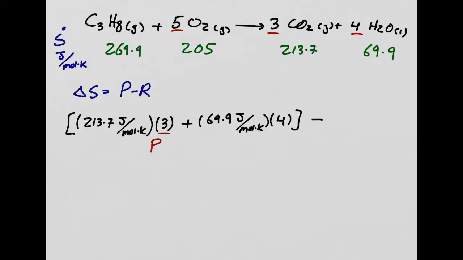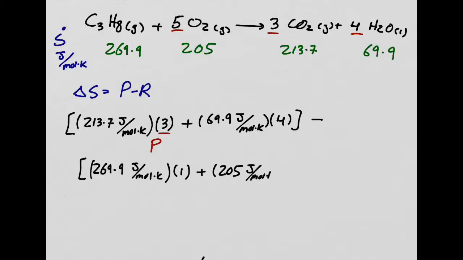Product minus, I go to my reactant, 269.9 joules per mole K. It just times 1 because I only have one propane, plus 205 joules per mole K, and I want to times it by 5 because that's the coefficient.